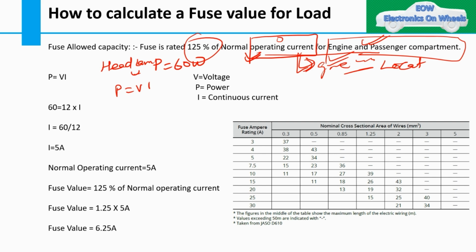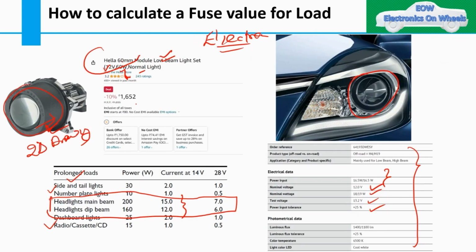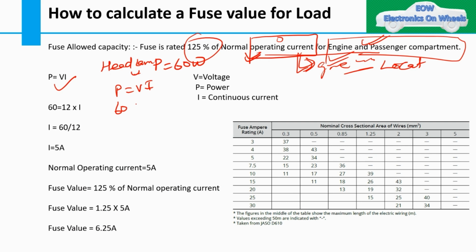So P is equal to V into I, as you can see here. Our P is 60 watt, which we can get from the drawing, or from the particular bulb you are going to use in that car if you are working as a technician. V is nothing but the voltage system you are working on. If you are working on a car, we have a 12 volt battery, but on a commercial vehicle, we have 24 volt.